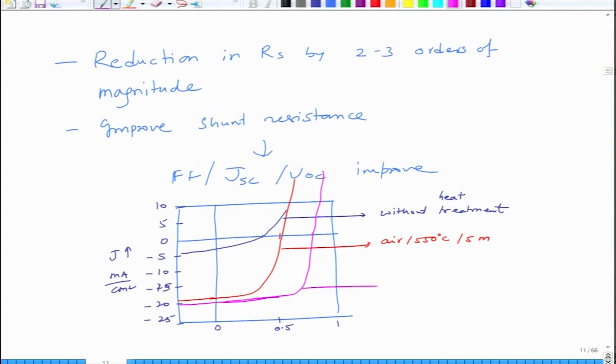So this is for CdCl2 treatment, 420 degrees centigrade in air. So it is 20 minutes. So CdCl2 treatment in air is a critical thing to improve the performance.